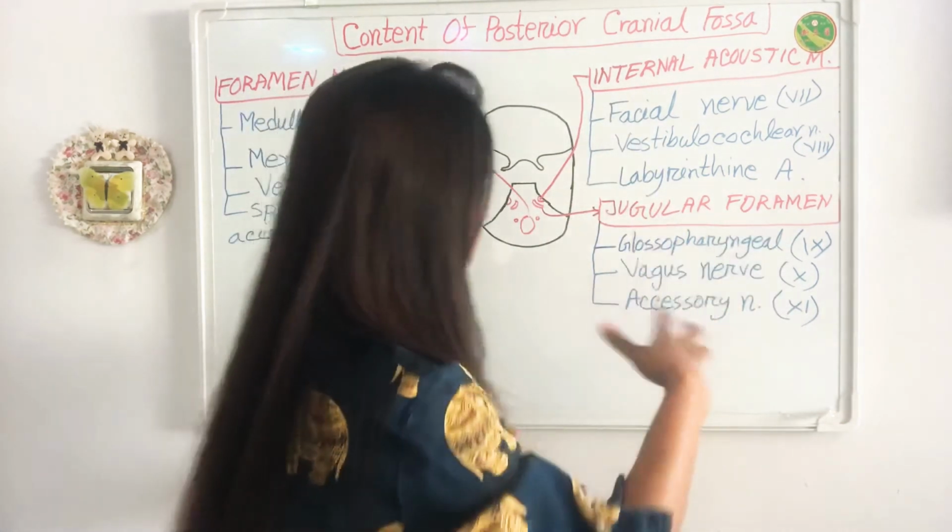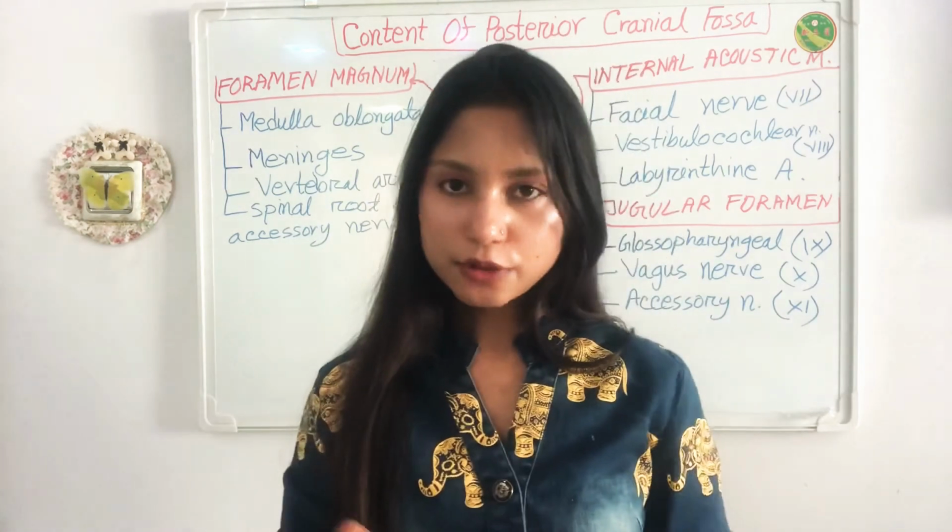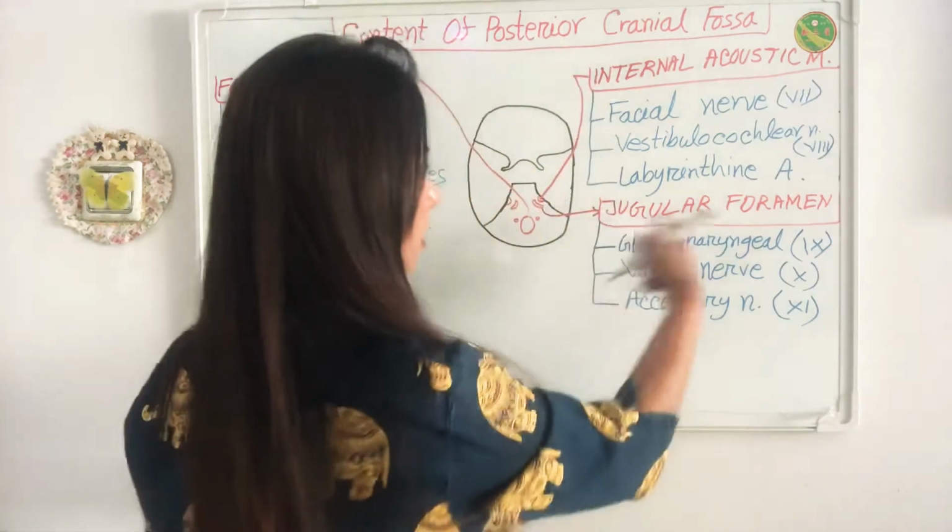So these three nerves pass through the jugular foramen, and some other structures also pass through the jugular foramen.